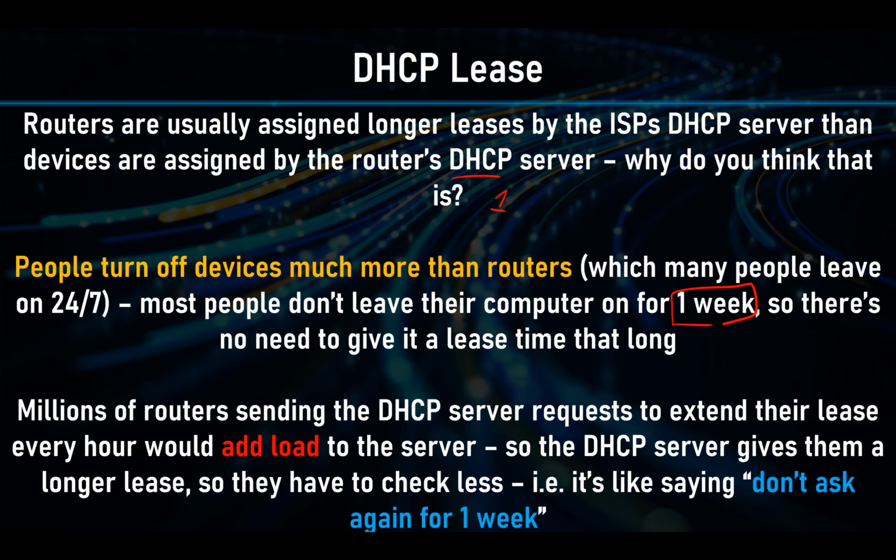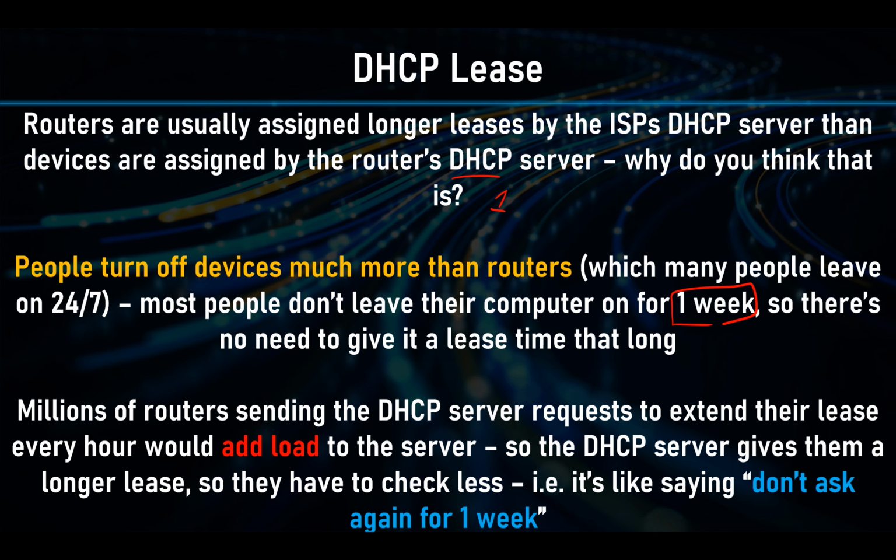Whereas the reason why we don't want to give routers a short time is because otherwise you'd have a situation where millions of routers will be sending the ISP's DHCP server requests, just asking to extend the lease, let's say every hour, and that's going to add load to the ISP's DHCP server.